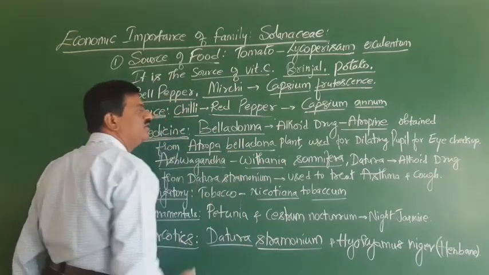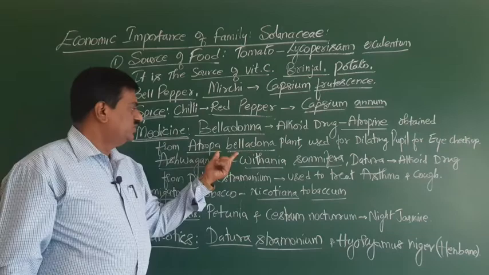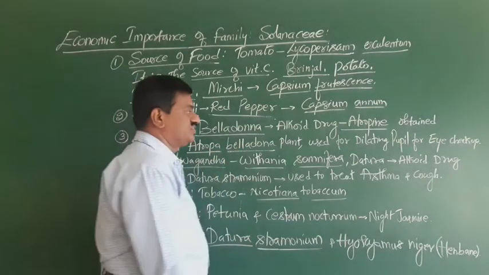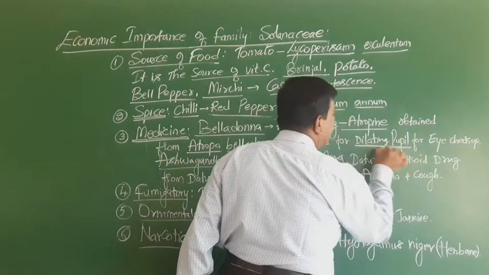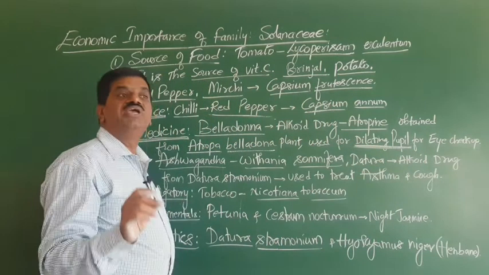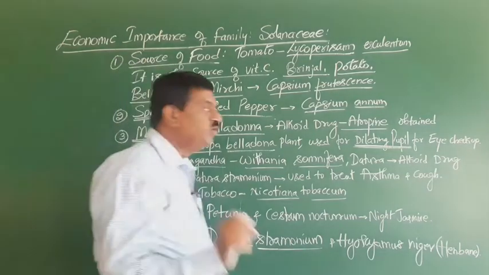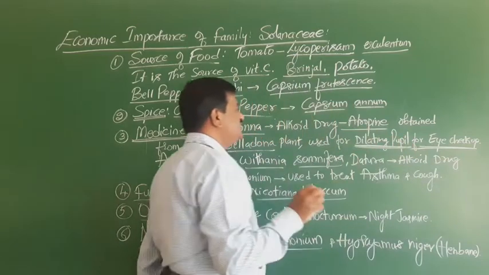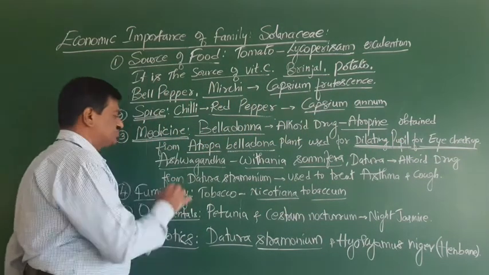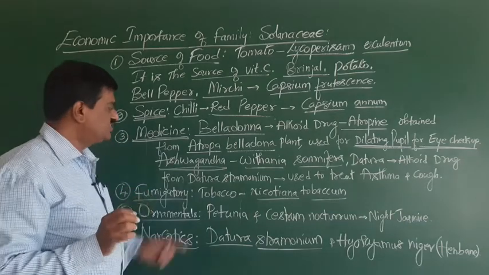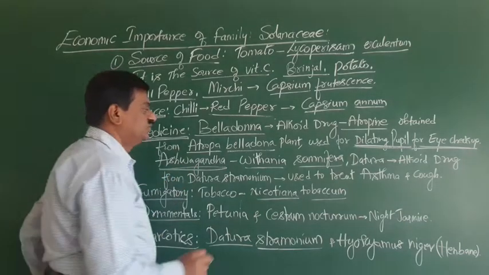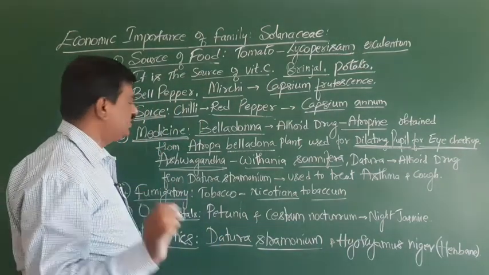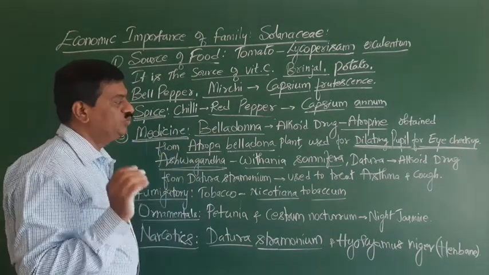This is the name of the plant. The alkaloid drug is obtained from Atropa belladonna, and this drug is used in dilating the pupil. In an eye there is a pupil. For medical checkups, for eye checkups, we use this alkaloid drug. Next, Ashwagandha. This is another one, Withania somnifera, the botanical name of Ashwagandha.